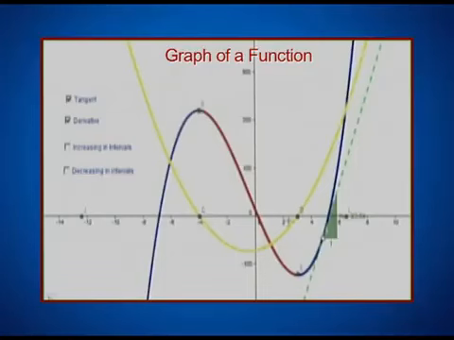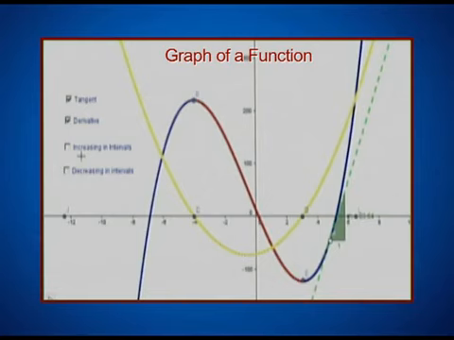The other part, that is the red part, corresponds to this piece of the derivative which lies below the x-axis. So, when the function is a decreasing function, the derivative is negative, and therefore, that part of the graph lies below the x-axis.